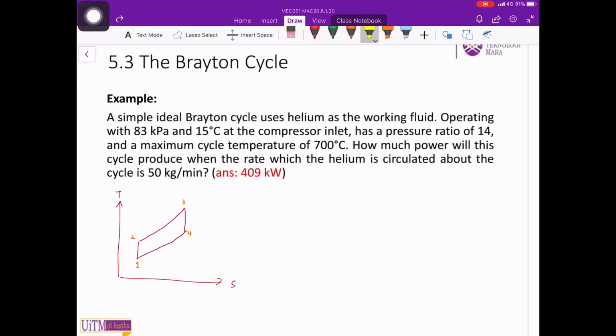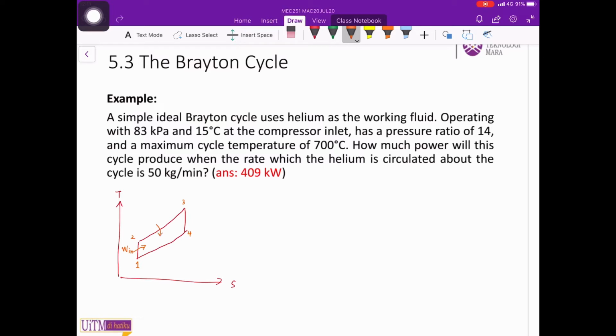And as we know, for process 4 to 1, there will be no device involved. However, we are going to assume it as a constant pressure heat rejection process. Now from the TS diagram, we know that process 1 to 2 will involve the work input consumed by the compressor.